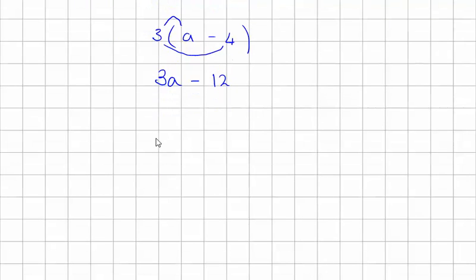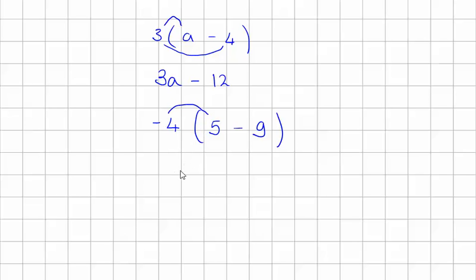Okay. What about this situation? Negative 4 times 5 subtract g. Now this one tends to cause people problems. Ilya. It's going to be minus 4 times 5 and then minus 4 times minus g.